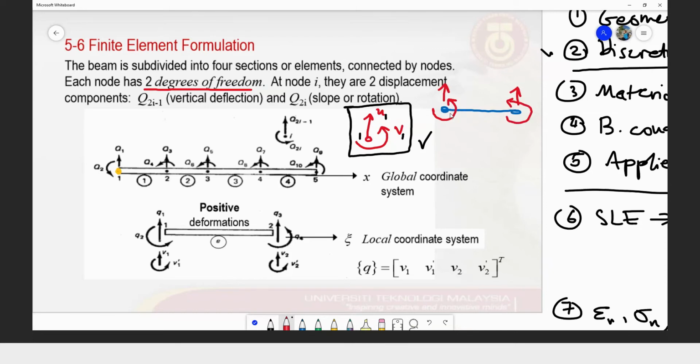Untuk rotation adalah positif dalam arah lawan jam. Untuk deflection, the positive in the upward vertical direction.